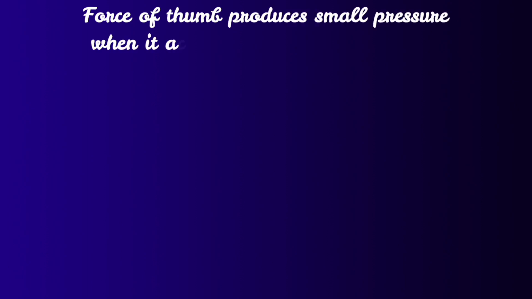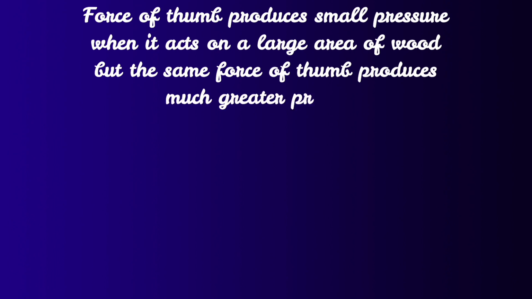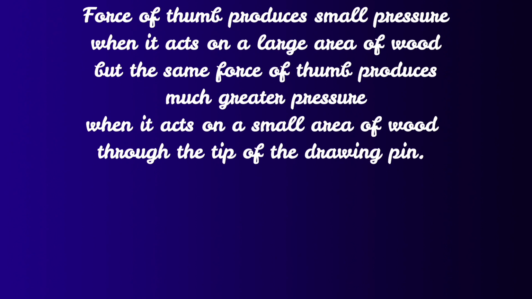The force of the thumb produces small pressure when it acts on a large area of wood, but the same force of the thumb produces much greater pressure when it acts on a very small area of wood through the tip of the drawing pin.